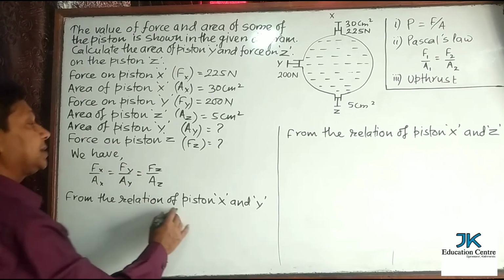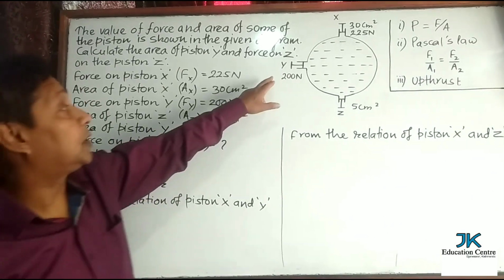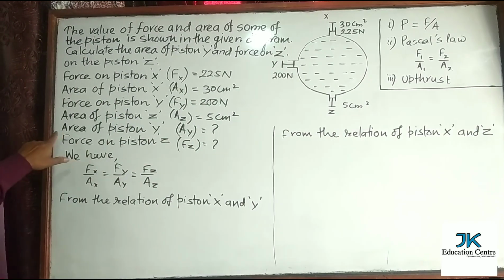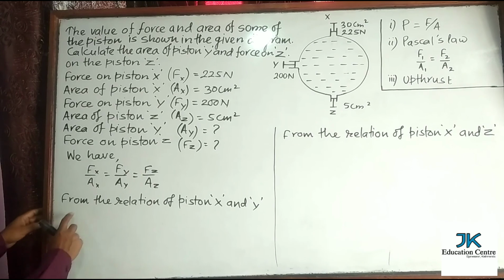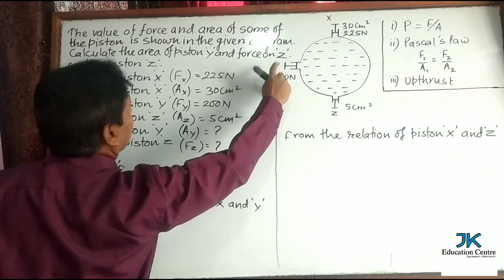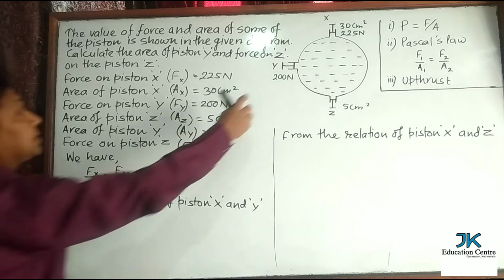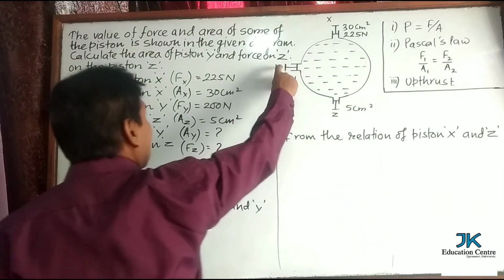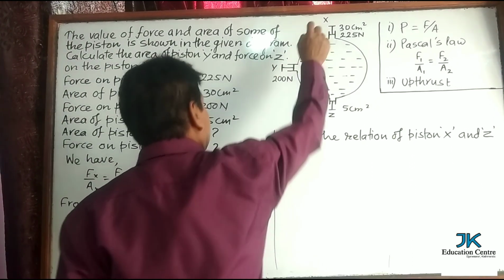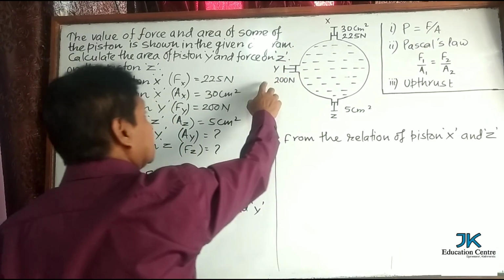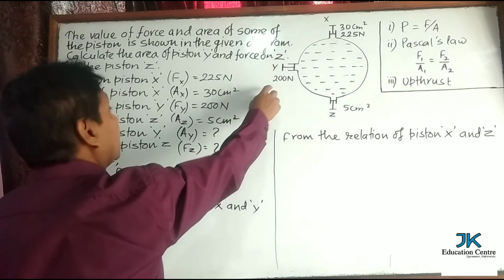Now from the relation, what are we going to find out? Firstly we are going to find out the area of piston Y, because force is given and area we have to find out. That's why we are going to compare this with X. In the case of piston X, both the values are given. In the case of piston Y, only one of the values is given.